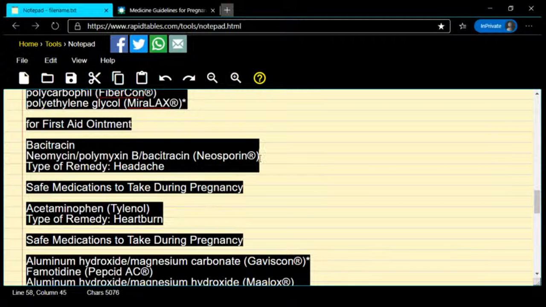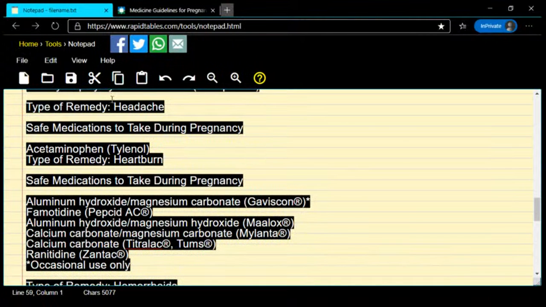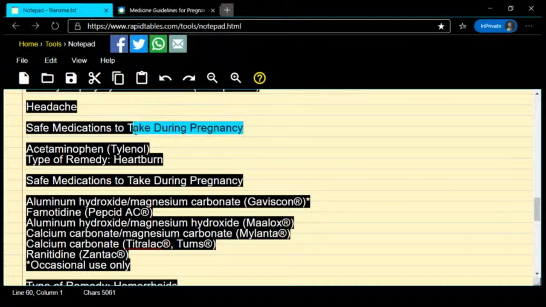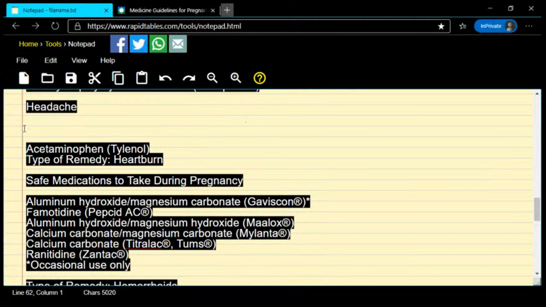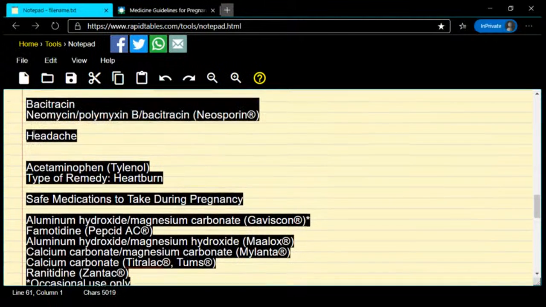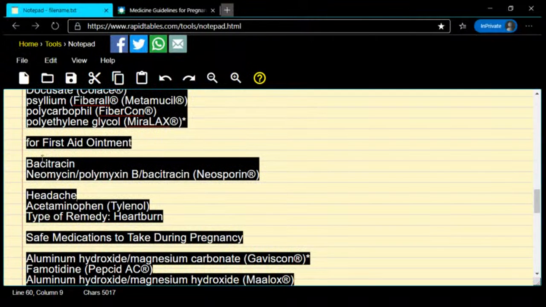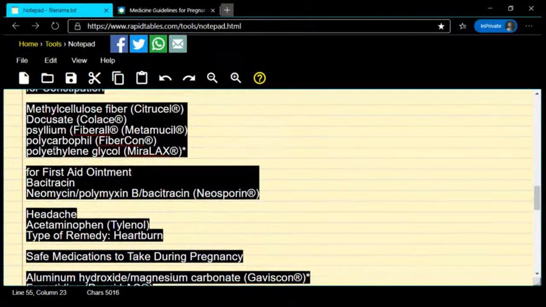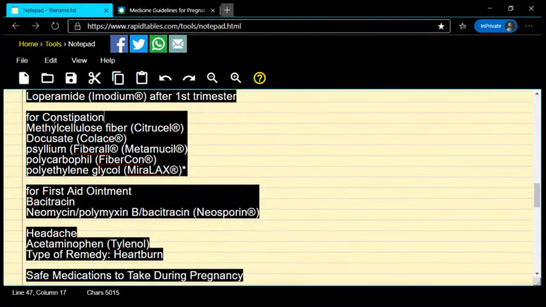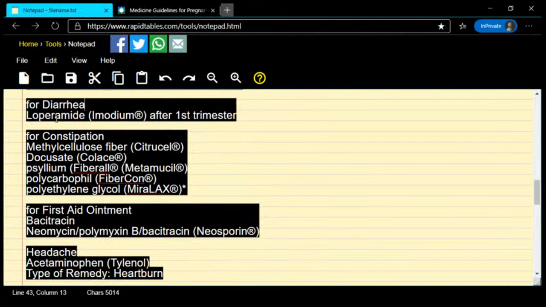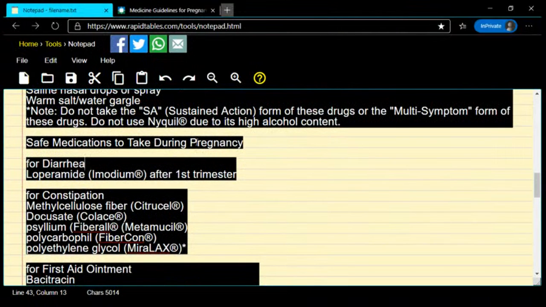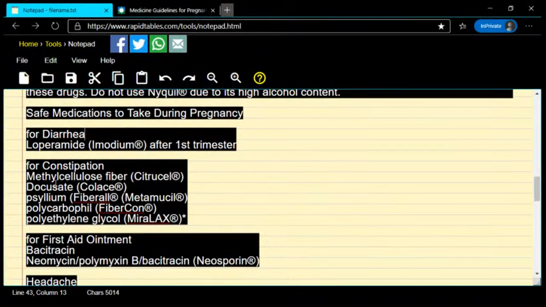And the remedy for headache is here. You can say this is headache, ointment, constipation, or diarrhea during pregnancy.